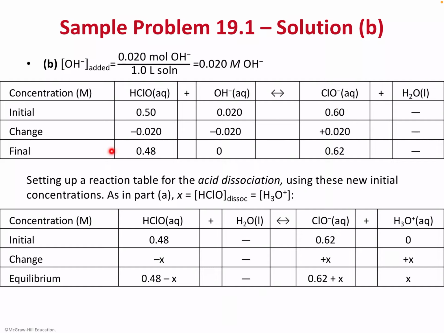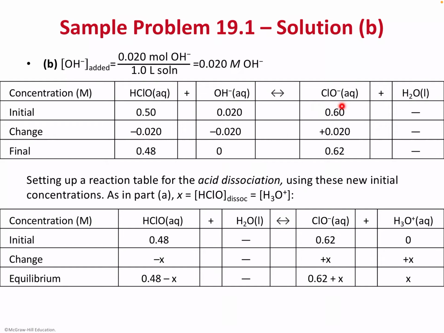So the final is initial plus the change: for the acid, 0.5 minus 0.02, that would be 0.48. You started with this amount, you reacted this amount, and no hydroxide would be left.